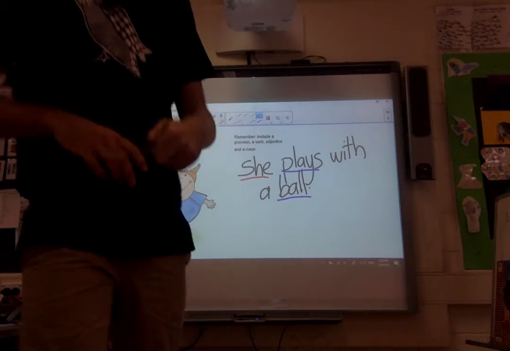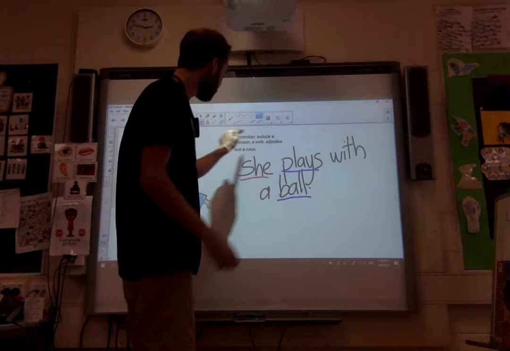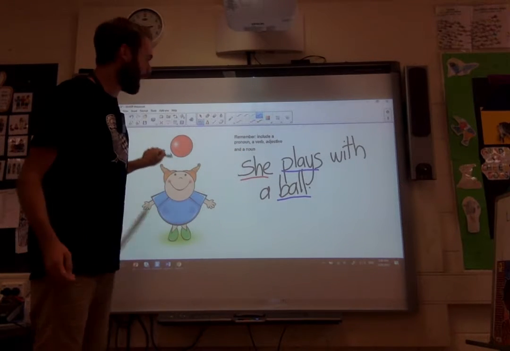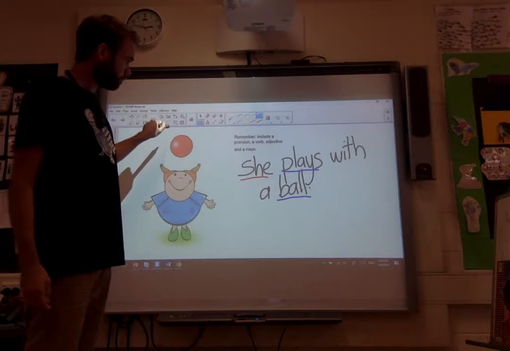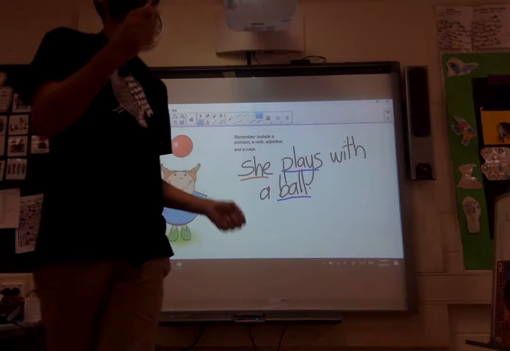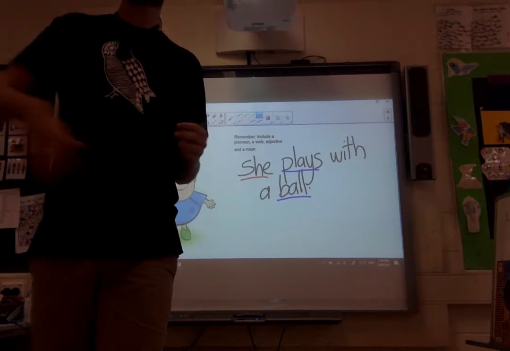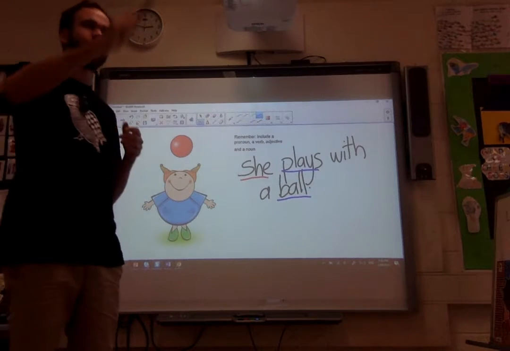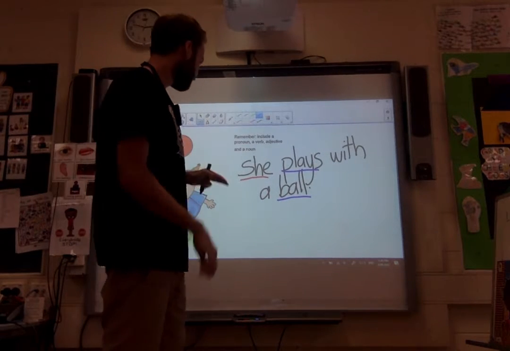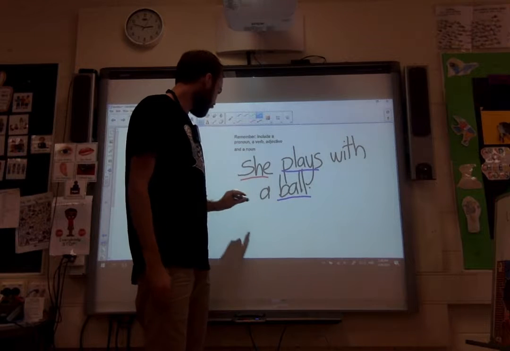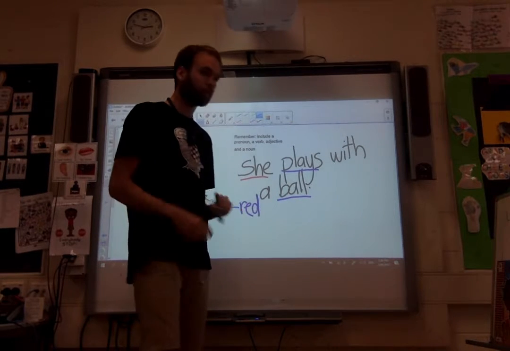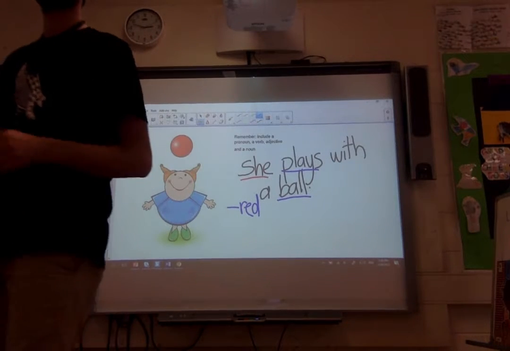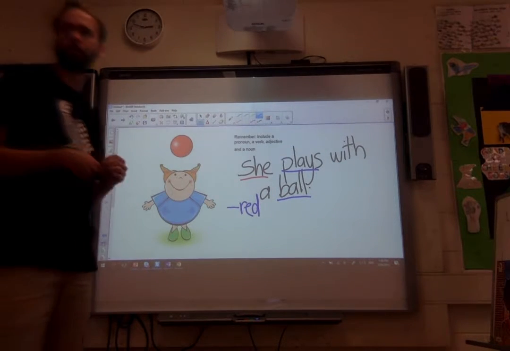So the adjective, remember guys, describes the noun. I want you to have a look at the noun in this sentence, which is the ball. What's a word that we could use to describe it? Make sure you raise your hands, boys and girls. Yes. Red. She plays with a red ball. Can you think of another adjective to describe the ball?